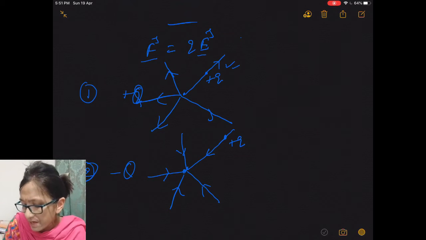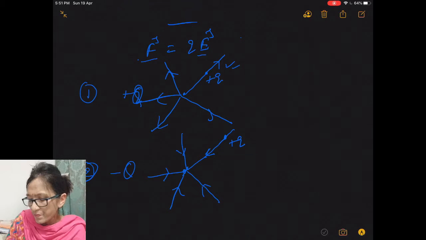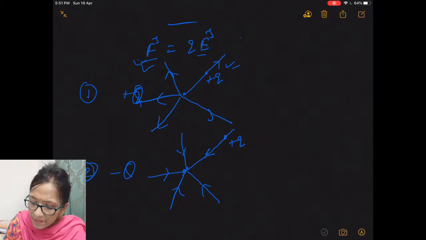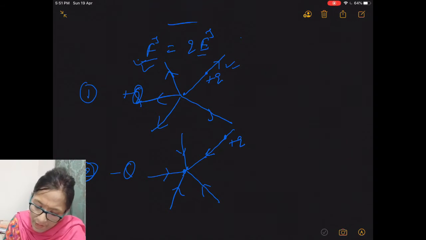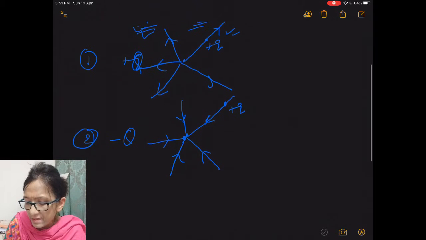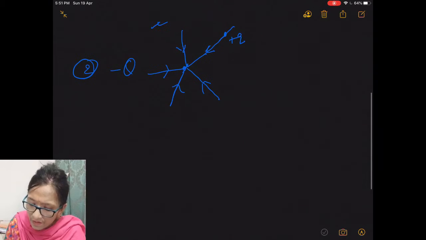This means that if you place a positive charge here on these lines, this charge will be accelerated towards this negative charge along this direction. It means force is acting in the inward radial direction, and the direction of force is the same as the direction of field. So these are the two cases.